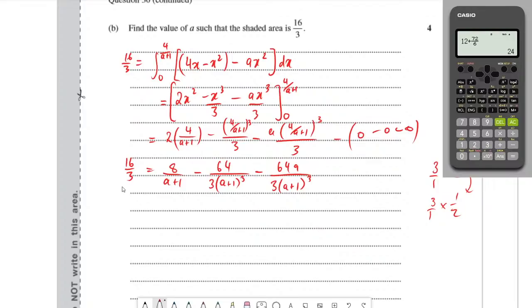This is so gross. What am I meant to do with this? Well, I can rewrite this one as a plus 1.